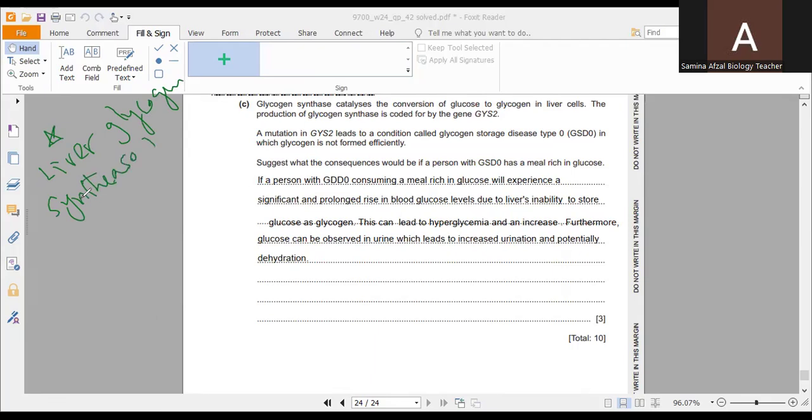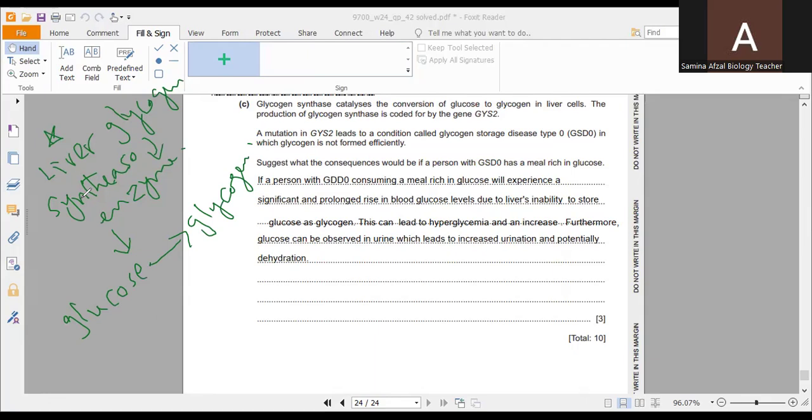So this is the enzyme which is essential for the conversion of glucose to glycogen, in case there is a high blood sugar level. Normally after a glucose-rich meal, insulin is released, which stimulates liver cells to take up glucose from the bloodstream and convert it into glycogen for storage.